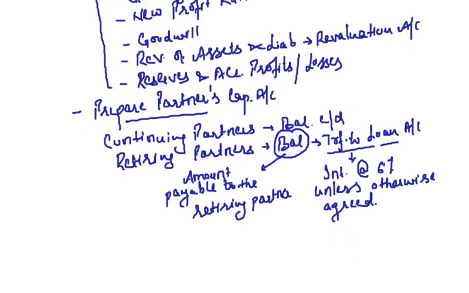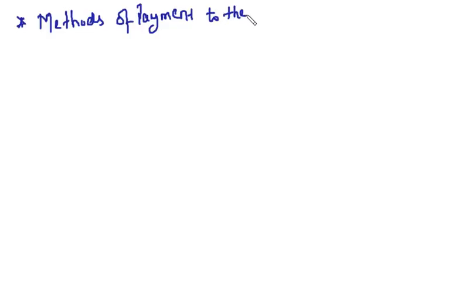Now what we are going to do in the next topic is, we are going to see the methods of payment to the retiring partner. Clear? First of all, we identified the amount that is payable to the retiring partner.